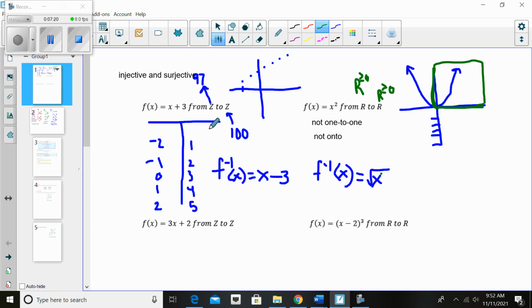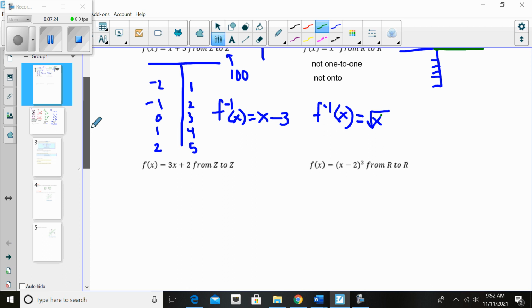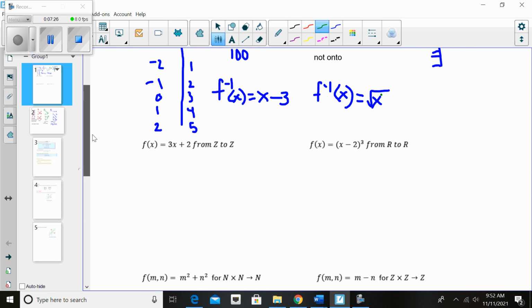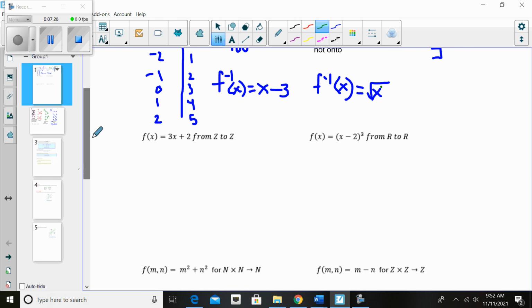So let's look at how our range and codomain really affect whether we are one-to-one or onto. Let's take a look at this function, and I'm mapping from Z to Z. If I graph it, I do get a linear function. I hope all of you can recognize that it would be a straight line.